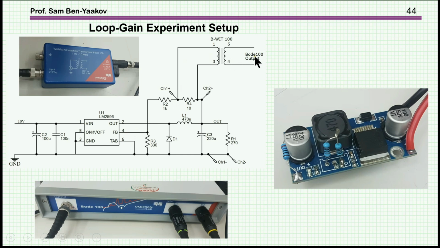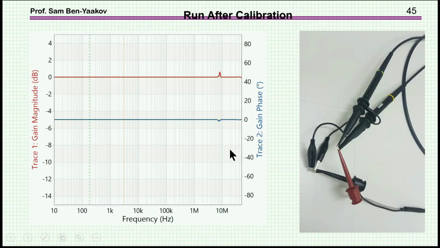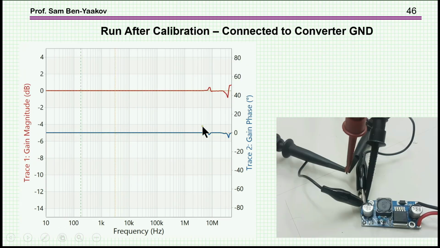Here is the injector. This is the excitation here. Here are the two terminals we are going to put here and here in order to get the loop gain. So this is the calibration done. First of all, this is a run after the calibration. And this is now a run after calibration when we connect.